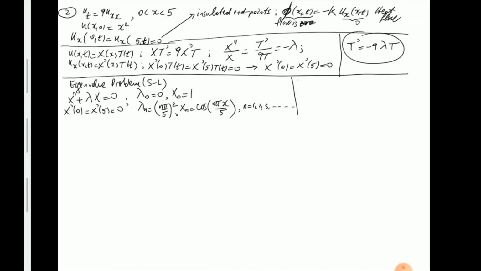So when lambda naught is equal to 0, then the equation in t becomes t prime equals 0, which means t is a constant. Let's call it t naught of little t, which is just a constant, and let's denote that by a naught, because we're going to sample that using the superposition principle.